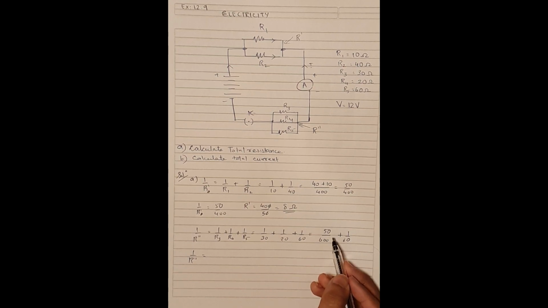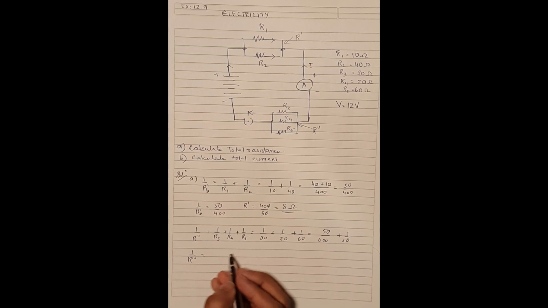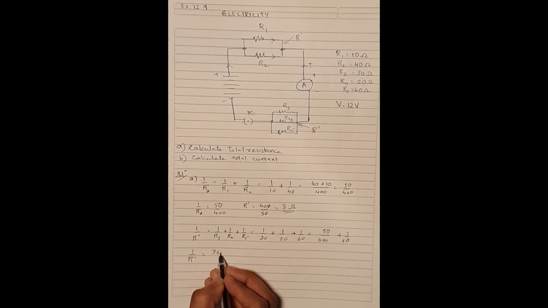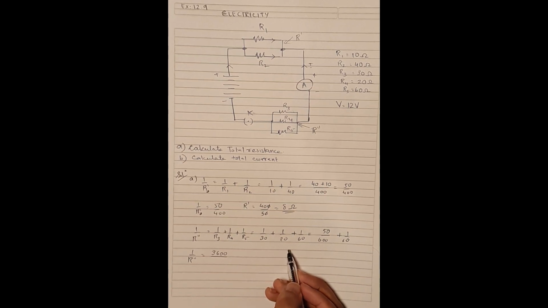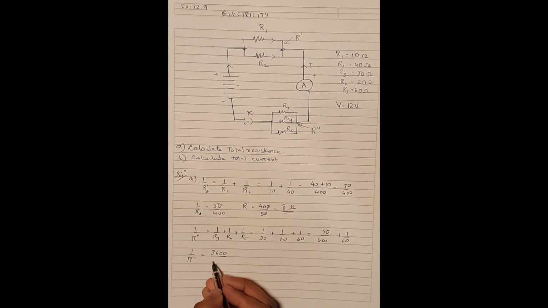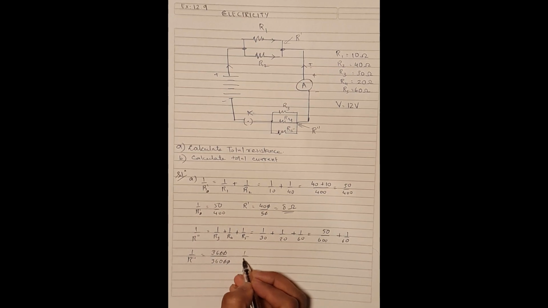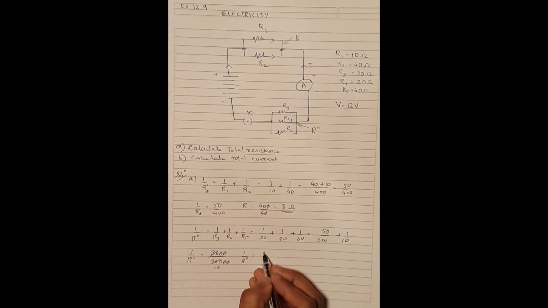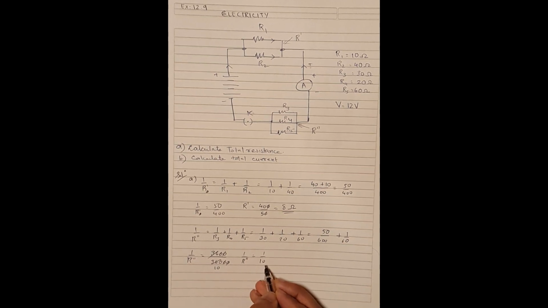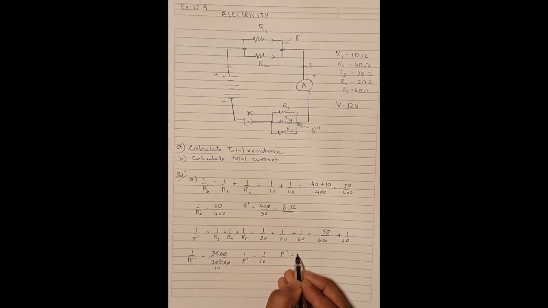And 600 into 1 is 600, so 3600 divided by 36,000. So we can cancel the zeros, so it will be 1 by 10. So 1 by R double prime will be 1 by 10. So R double prime is 10 ohms.